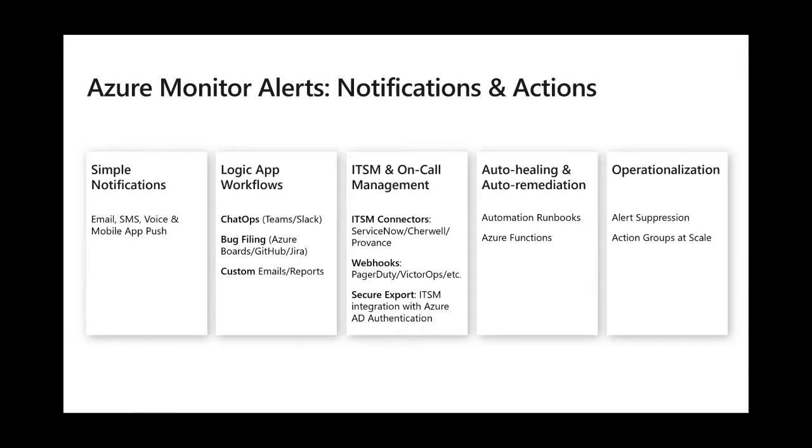In terms of operations, we have alert suppression. So if you want to skip a specific resource group, you have that option. Or if you have a bunch of alerts, you'll want to easily see what the root cause is. Suddenly 100 alerts were fired, and you will get lost among them.